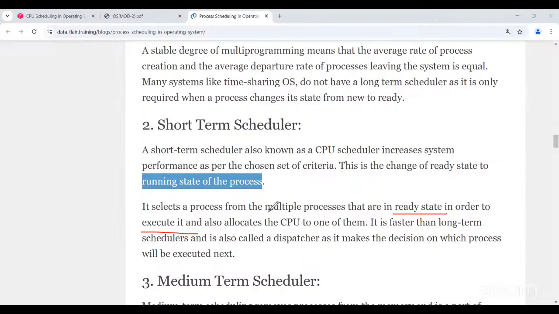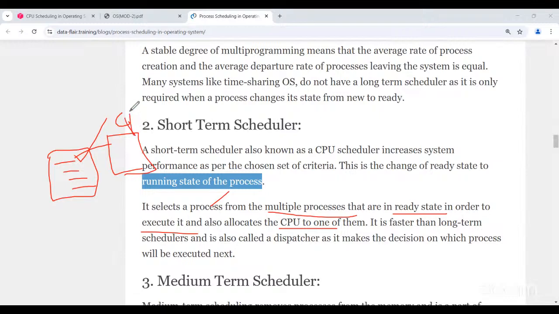From the multiple processes in the CPU, it will select one process and send it to the scheduler to allocate the CPU time.